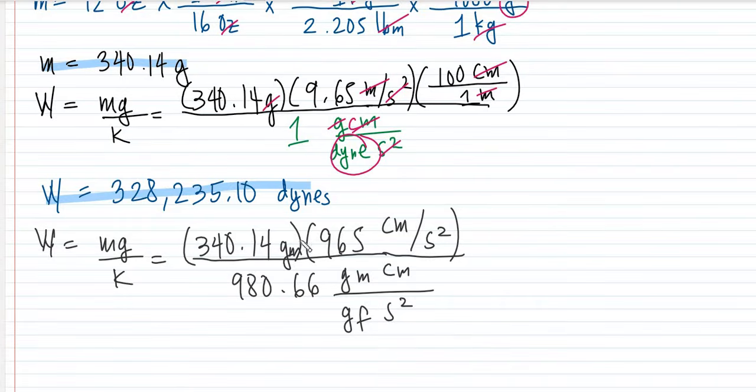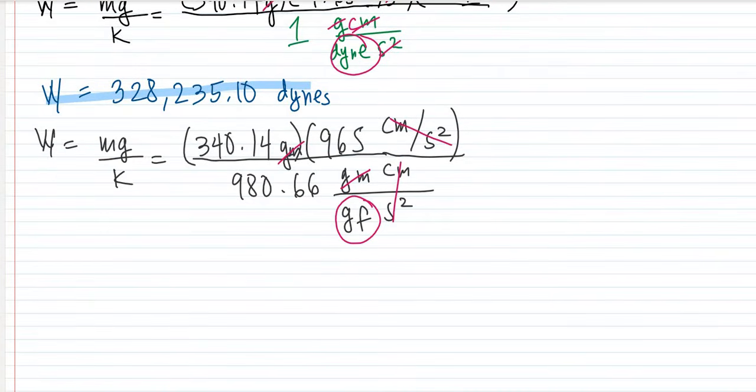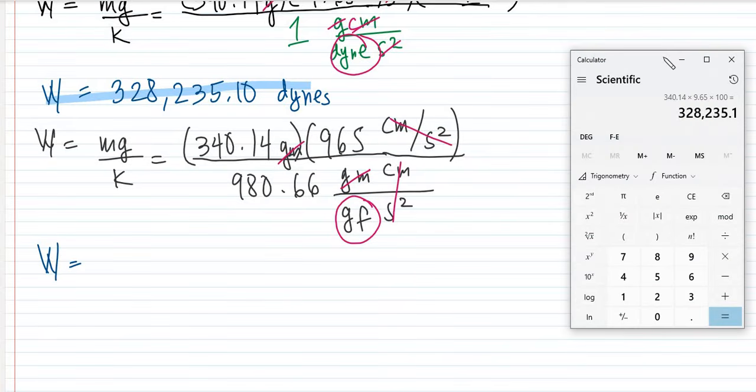So gram mass here cancels out, centimeter per second square cancels out here, and the final unit is in gram force. So the answer, weight is equal to 340.14 times 965.